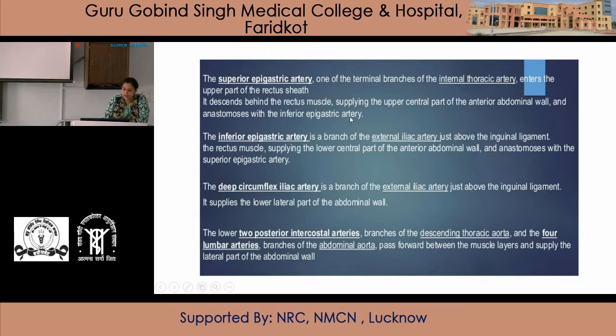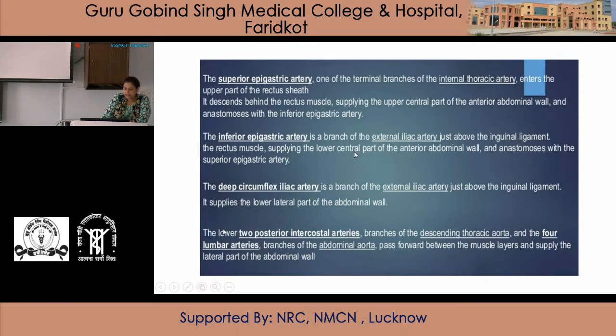It anastomoses with the inferior epigastric artery. Next is the inferior epigastric artery, which is a branch of the external iliac artery just above the inguinal ligament. It enters the rectus sheath, supplies the lower central part of the anterior abdominal wall and anastomoses with the superior epigastric artery. Next is the deep circumflex iliac artery, which is a branch of the external iliac artery just above the inguinal ligament.